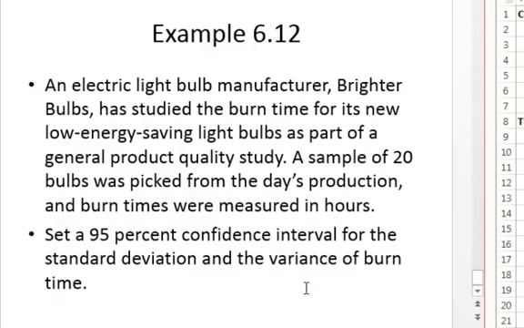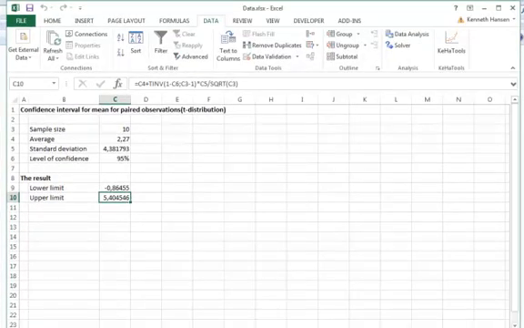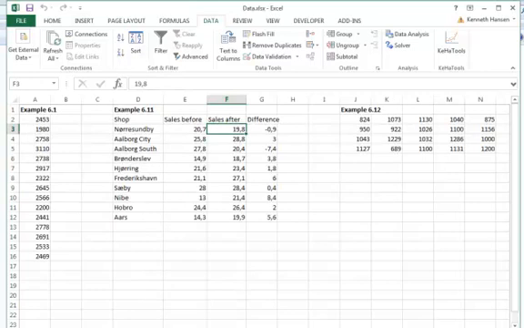And in the last example, we have a light bulb manufacturer who wants to find a confidence interval for the standard deviation of the burn time. Here are the numbers.